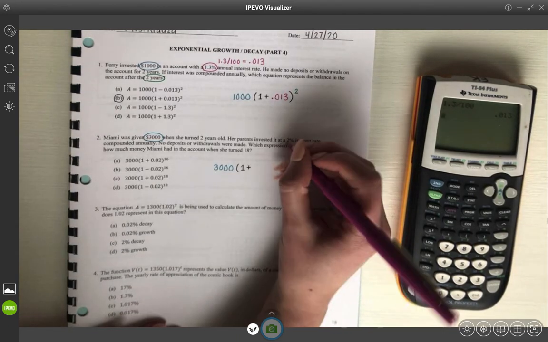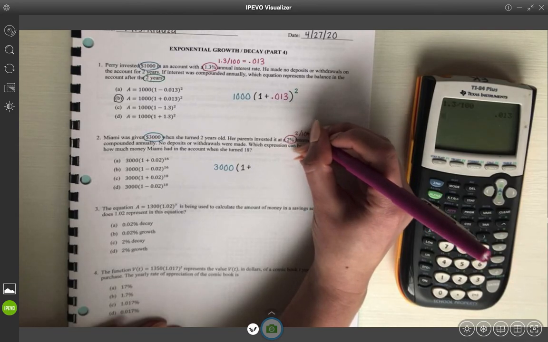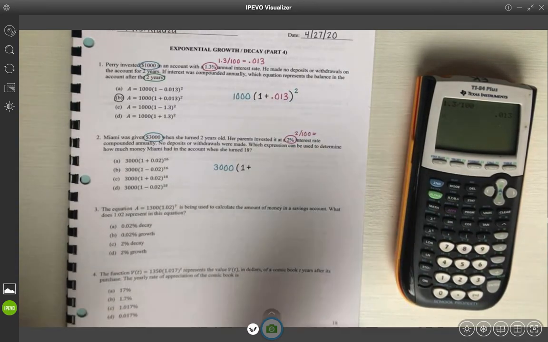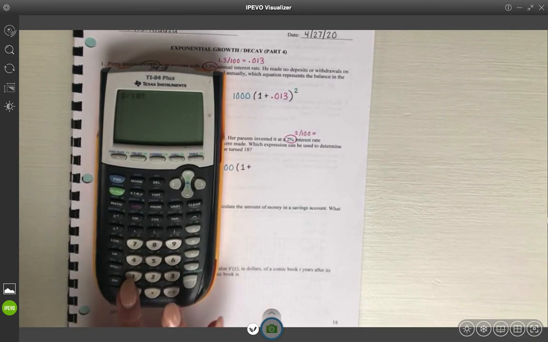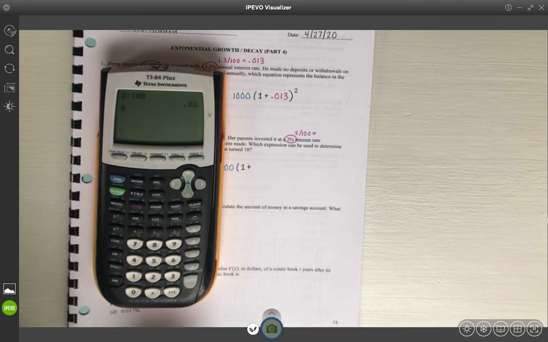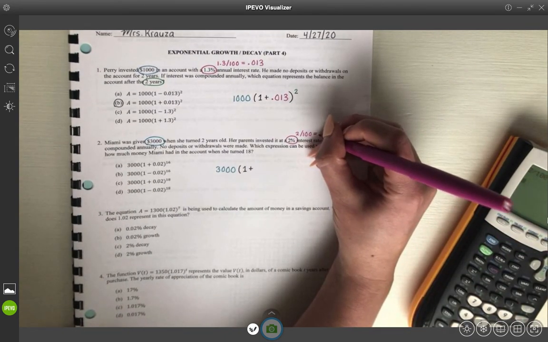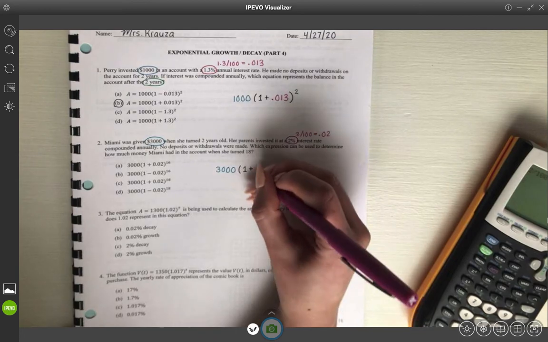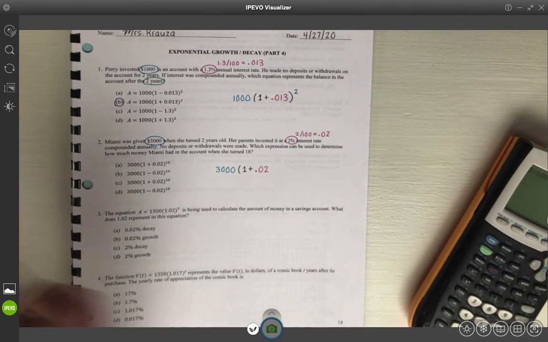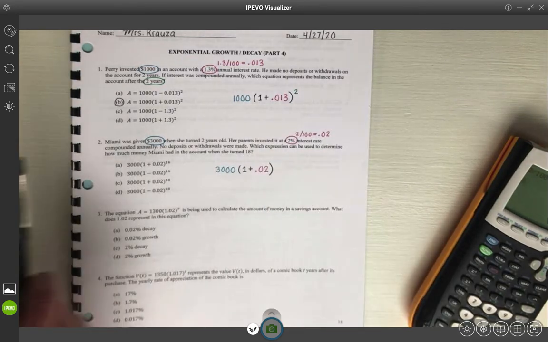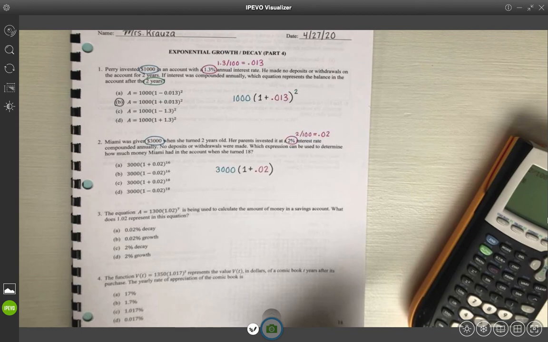Next, we need to take 2% and divide it by 100 to turn it into a decimal. 2 divided by 100 is 0.02. Close the parentheses. Now, we need to put the amount of time in the corner.